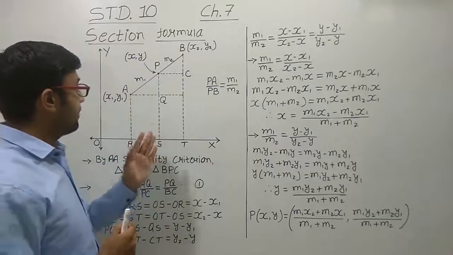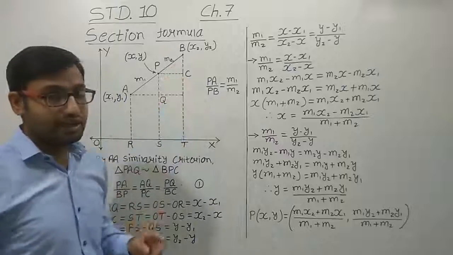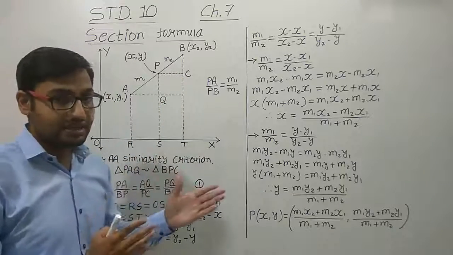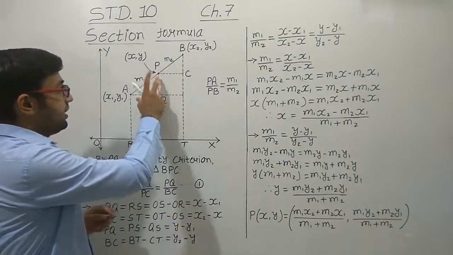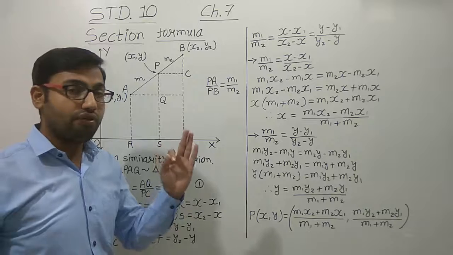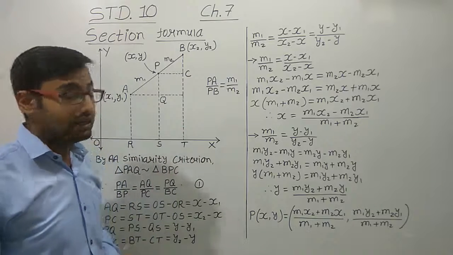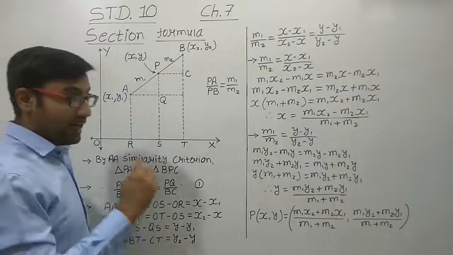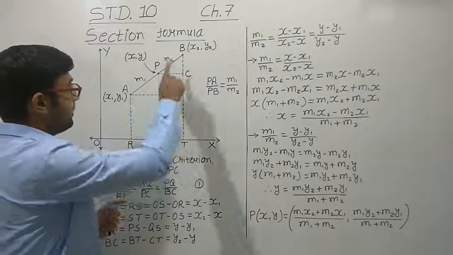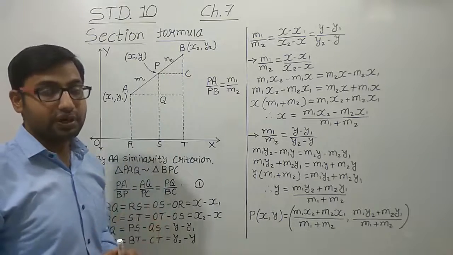Then P will divide the line segment AB into two equal parts. Like AB is 10 centimeter, then AP and PB both are of equal length of 5 centimeter. Right? So that means P divides AB into two equal parts.